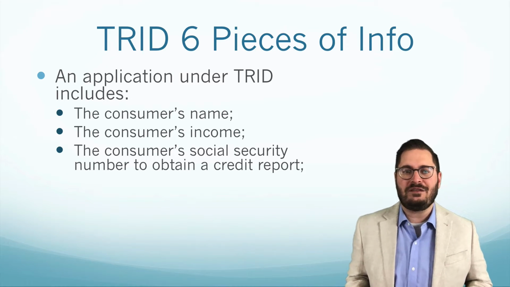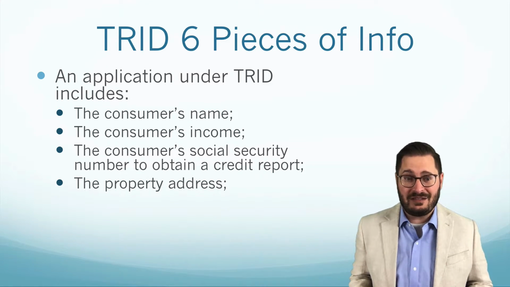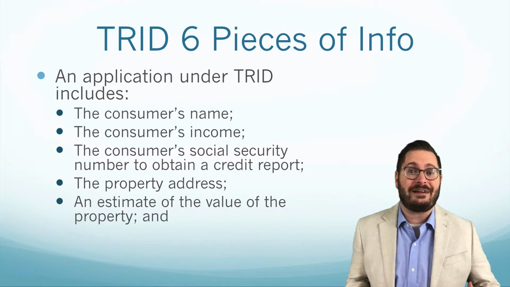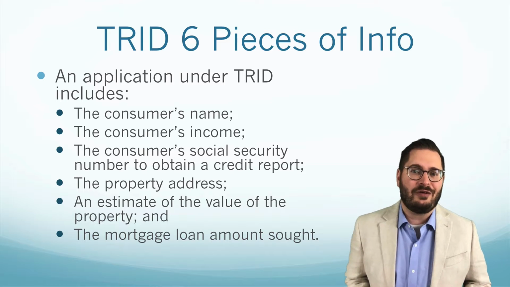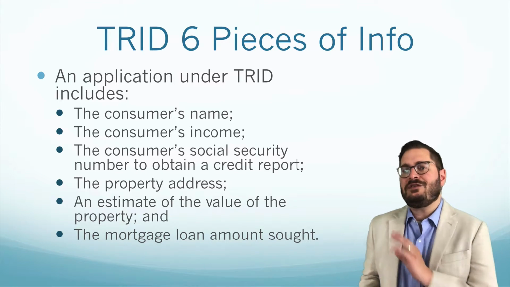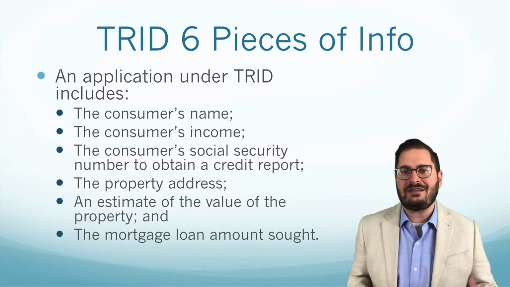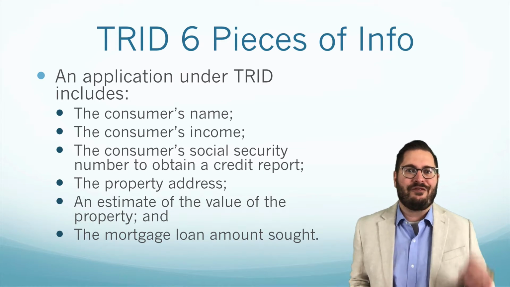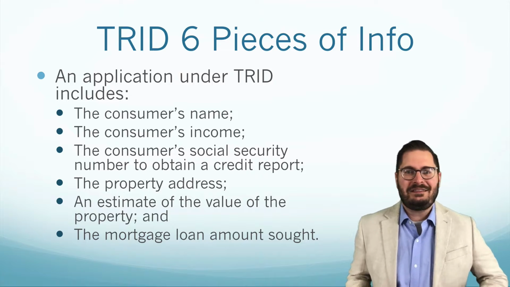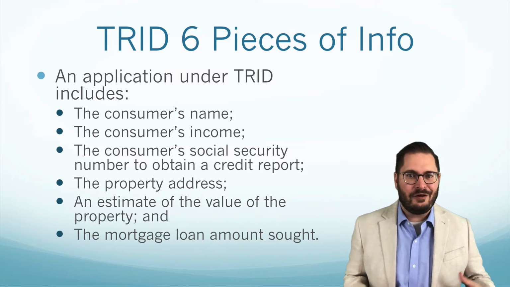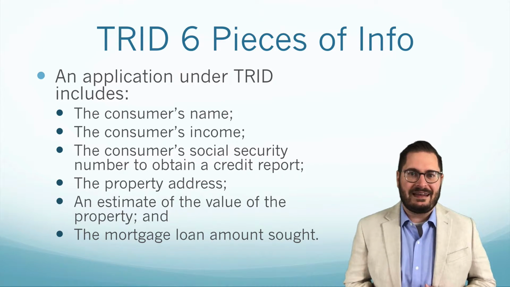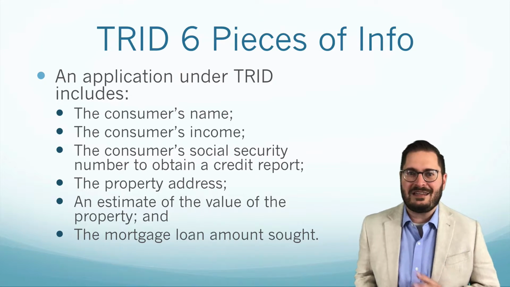Also included in the 6 pieces of information is the property address, and an estimate of the value of the property and the mortgage loan amount sought. So these are the 6 pieces of information. When you receive these 6 pieces of information, this starts your clock for providing a loan estimate. This is considered an application under Regulation Z for mortgage loans, subject to TRID. So this is important to understand. It's nothing else. It's these 6 pieces of information.